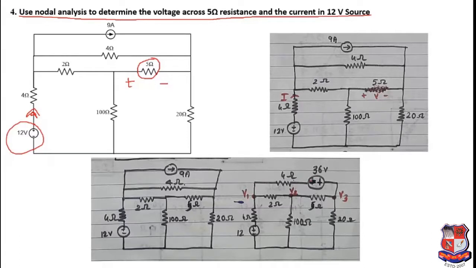The voltage source equivalent of that current source would be V equals I into R. So the voltage source value will be the product of these two, 9 and 4. That will be 36 and the resistance is kept as it is.